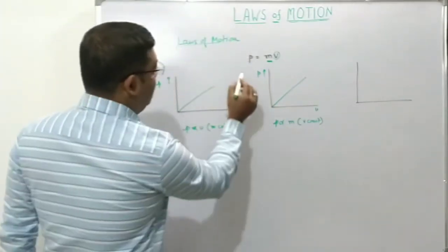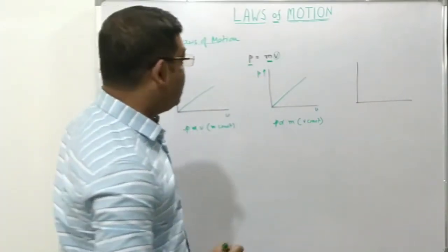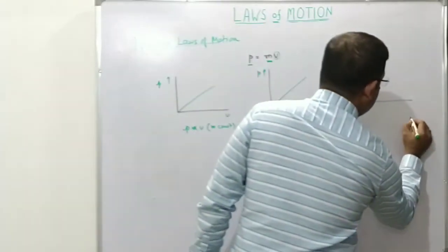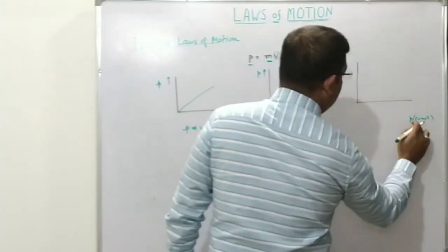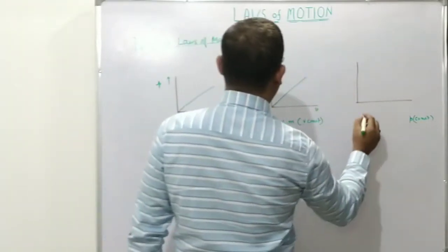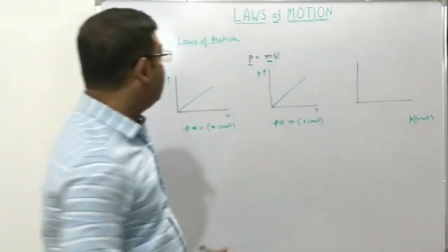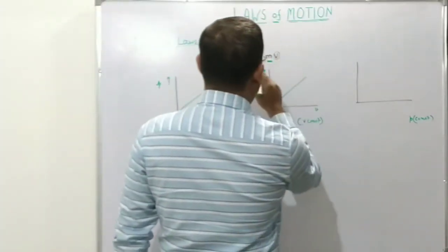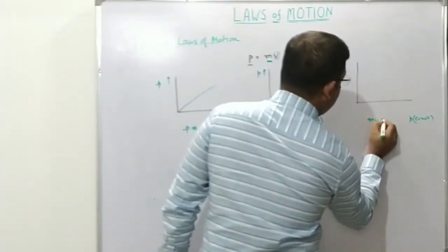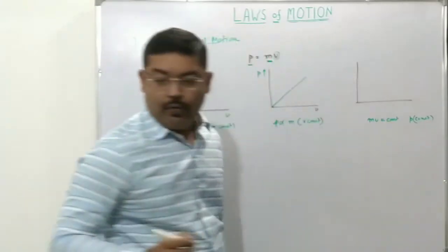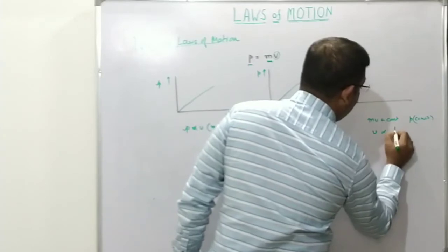Now, if I consider momentum to be constant, that is to say, p is constant, in that case, m is proportional to 1 by v, or mv is equal to constant, which will mean that v is proportional to 1 by m.